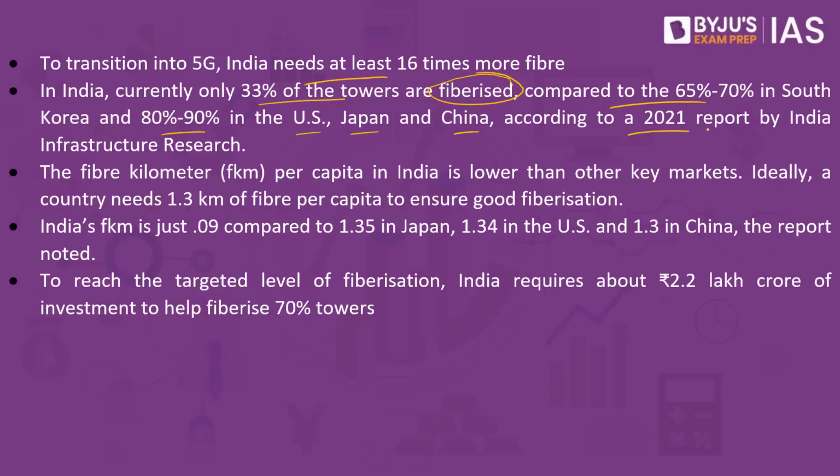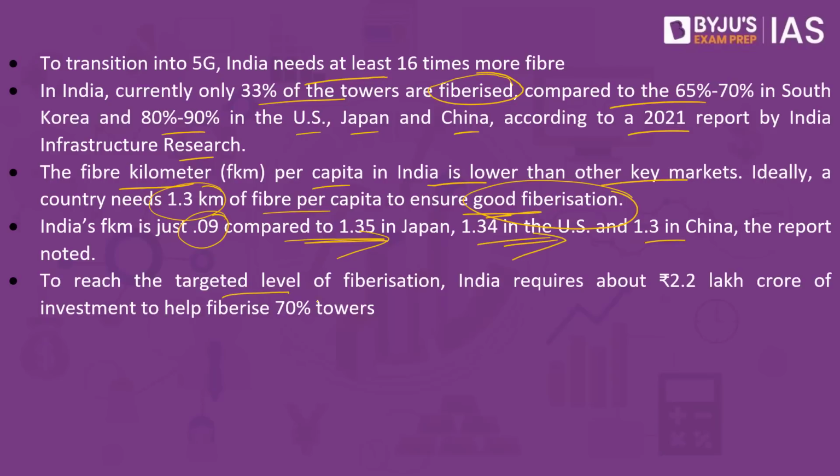According to a 2021 report by India Infrastructure Report, the fiber kilometer per capita in India is lower than other key markets. Ideally, a country needs about 1.3 kilometer of fiber per capita to ensure good fiberization. However, India's FKM is just 0.09 compared to 1.35 in Japan, 1.34 in United States, 1.3 in China, the report has noted.